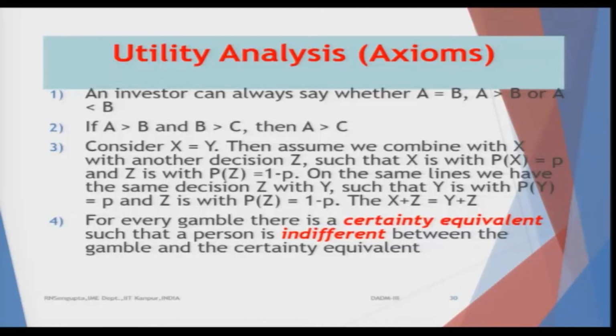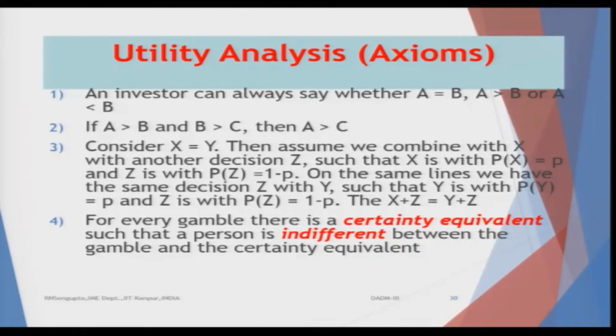Now, consider x and y are equal, then suppose we combine x with another decision z such that x has a probability of p, and the probability for z is basically 1 minus p. So, in one case you would basically consider x, and in another case you consider z. On the same lines, we have the same decision z with y also, such that y is with probability p and z is again with probability 1 minus p.